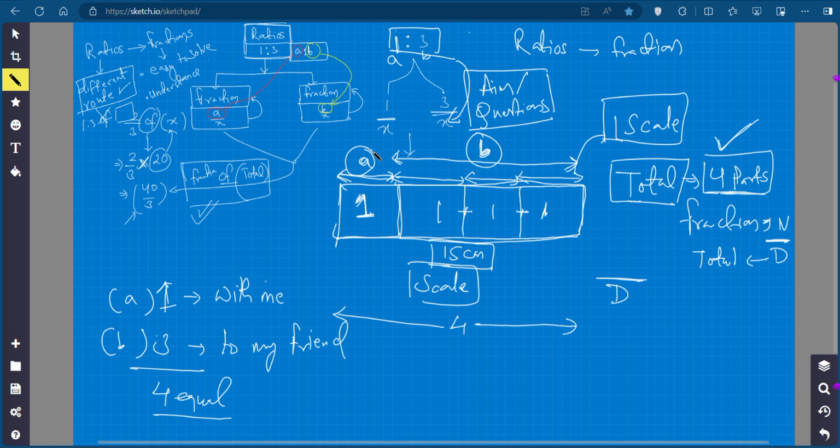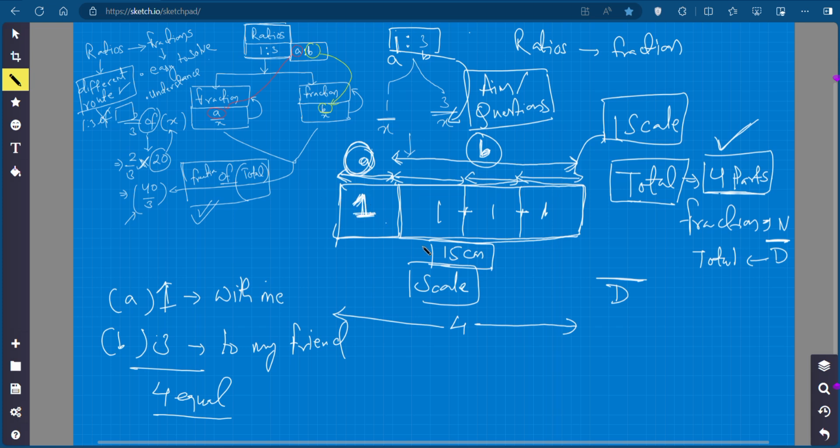Now I'm saying A is my numerator. Why did I say so? Because I want to write this A in the form of a fraction. I'm just curious and saying, what is the fraction? How do I write this A in the fraction form? Well, this is how you write.